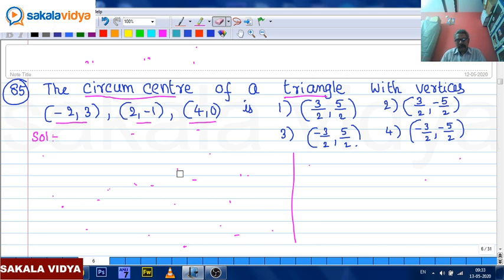Okay, let us do this problem now. See, the circumcenter of a triangle with vertices minus 2 comma 3, 2 comma minus 1, 4 comma 0.